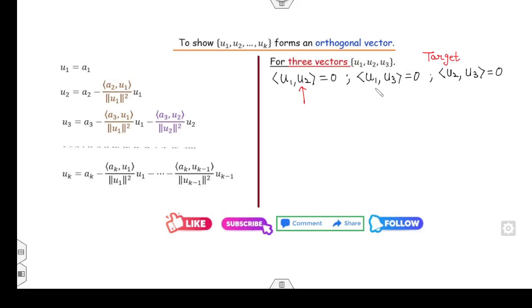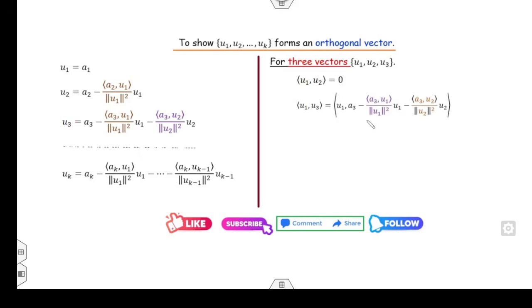Fine. Then I can start with u1, u3. I can substitute the value of u3. Then it's u1 comma a3 minus... Fine. Now we can again open this.